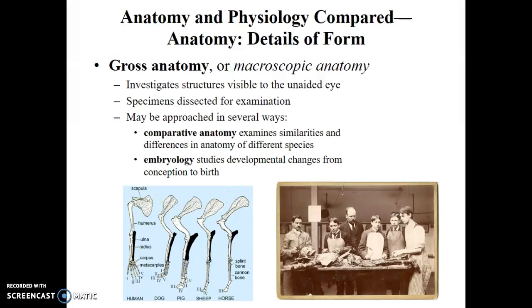We can study gross anatomy as comparative anatomy, where we're comparing the structures of one or of multiple organisms. So this is often what we do when we're trying to determine how different diseases will affect the body, or how different treatments will affect the body.